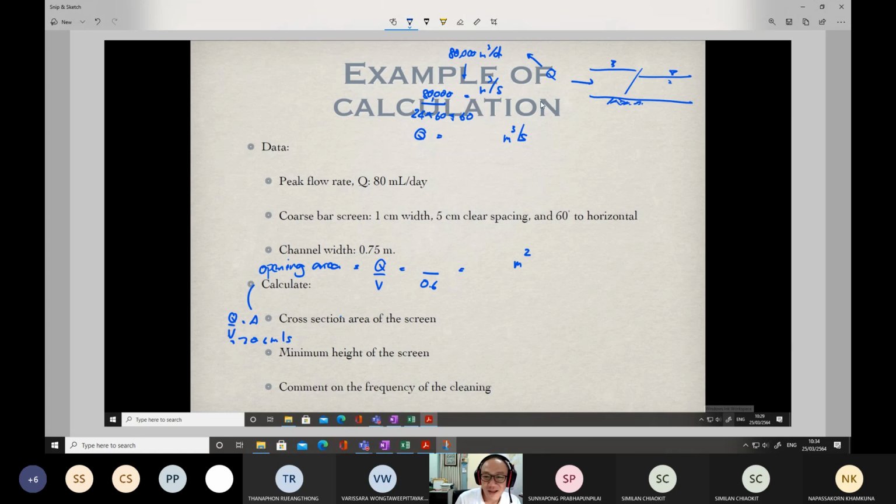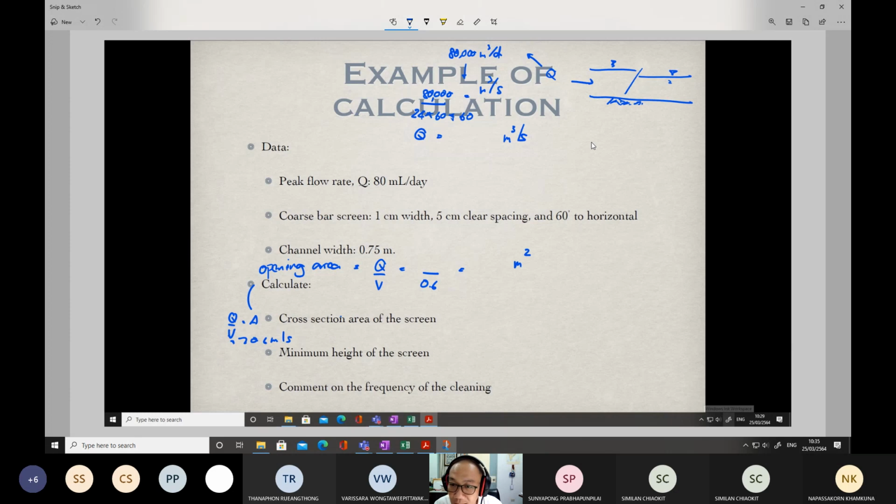So you have to find this amount, and then this amount, to get the opening areas. But once you have the opening areas, you have to think about the actual configuration. This is the opening area of the screen.